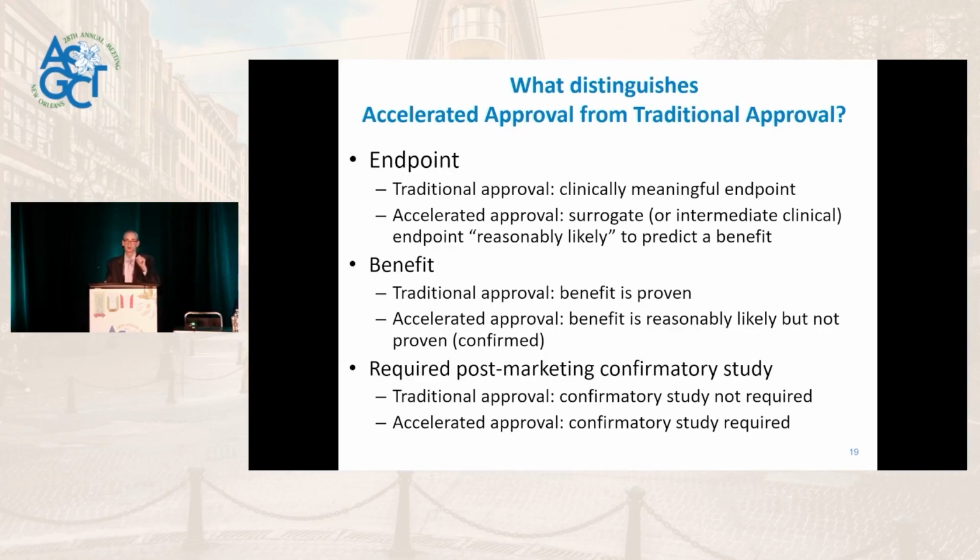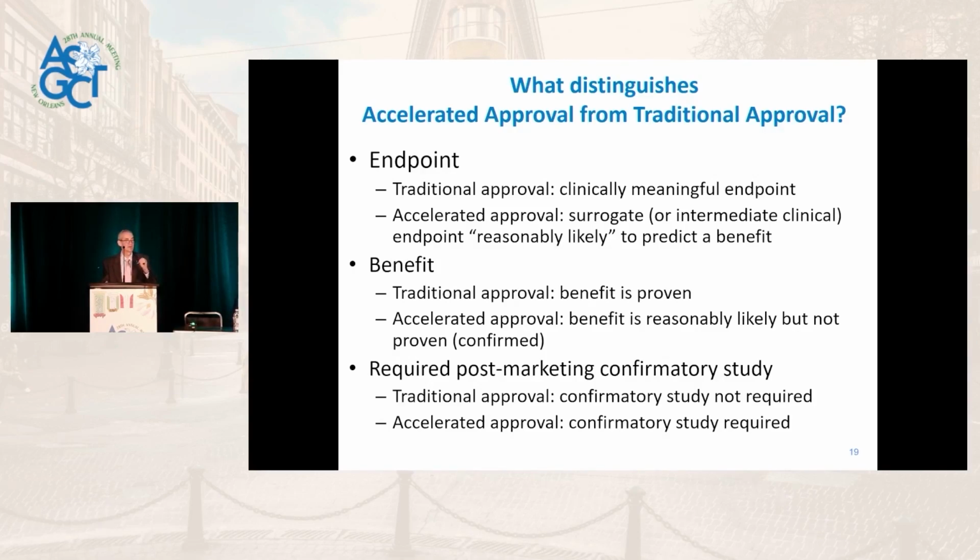So what are the differences between accelerated approval and regular approval? First of all, the critical difference is the endpoint. The primary endpoint that supports approval for traditional approval is something that matters to patients, how patients feel, function, or survive. The primary endpoint that supports approval for accelerated approval is a surrogate endpoint, which is in and of itself not clinically meaningful, but that predicts something meaningful.